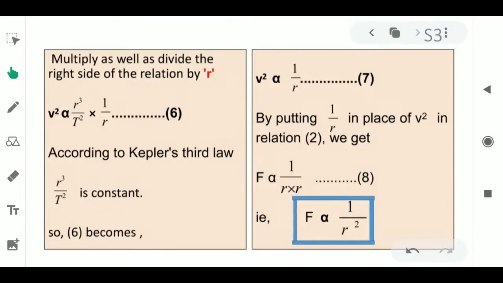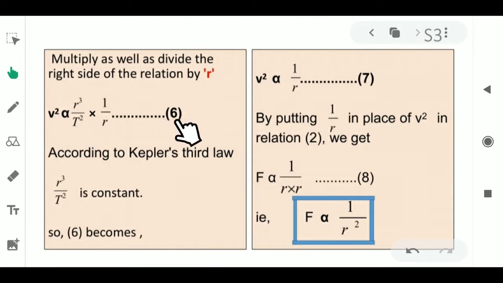Then multiply as well as divide the right side of the relation by r. It becomes v square proportional to r square by t square into r by r, which means v square proportional to r square into r, that is r cube, divided by t square into r. It can also be written as v square proportional to r cube by t square into 1 by r.